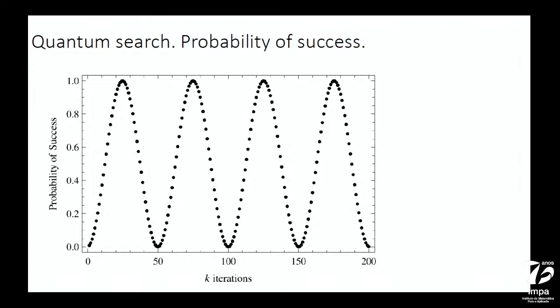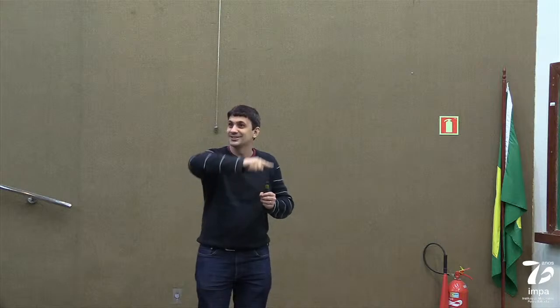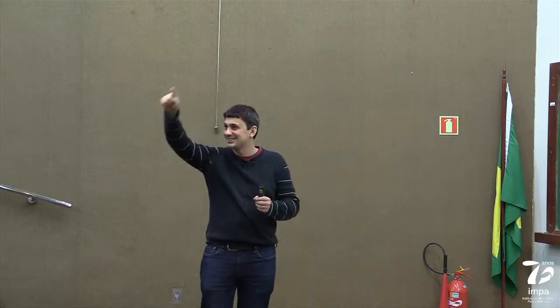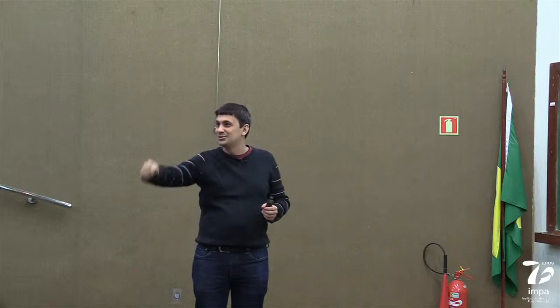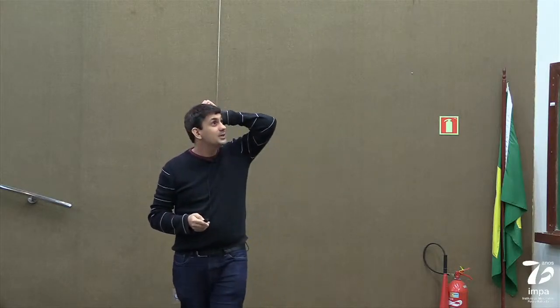There is a peak where it doesn't matter plus or minus 1 or 2 iterations; you still get the proper result with very high probability. But if you do more iterations, the probability decreases almost to 0 and increases once again. This is natural because you have a vector rotating, so it goes periodically close to t or not.